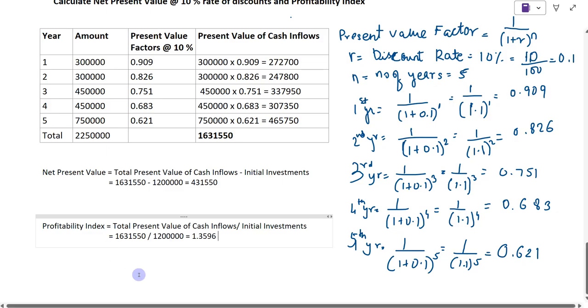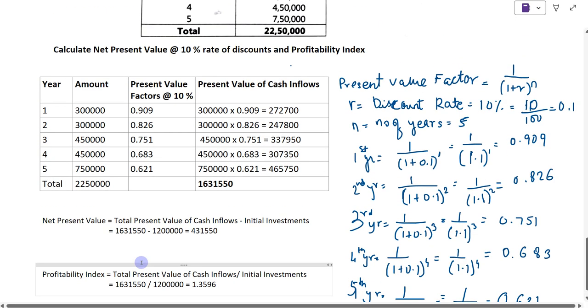So we get 1.3596 as the profitability index.